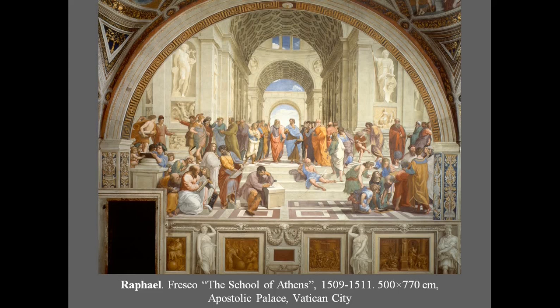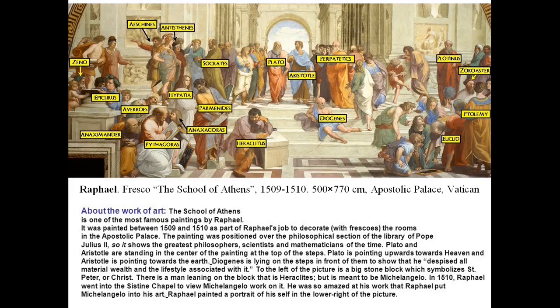What is important is the way in which Raphael has gathered all the most famous of the classical philosophers within a marvelous Renaissance building, the architecture of which points to Bramante's design for the new St. Peter's Basilica. Many of the philosophers are recognizable because of the specificity of their iconography, which would have been widely understood at the time, drawn from busts recovered from archaeological excavations.